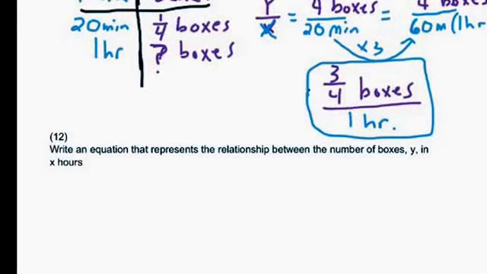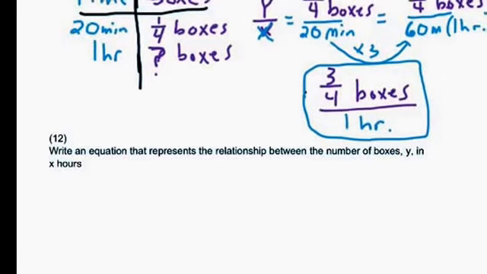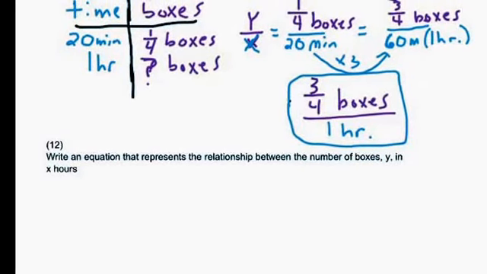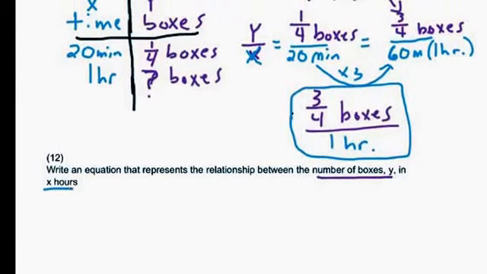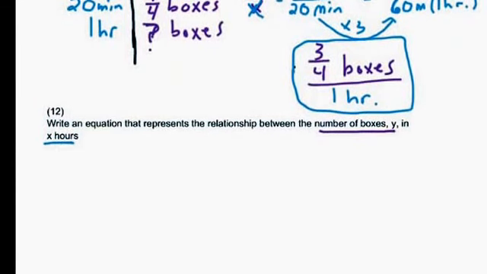Number 12, write an equation that represents the relationship between the number of boxes Y in X hours. So 11 and 12 are certainly connected.